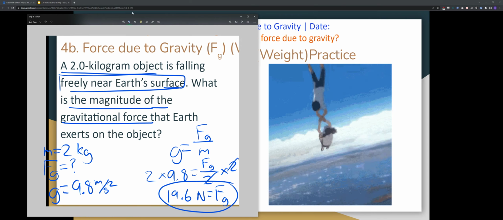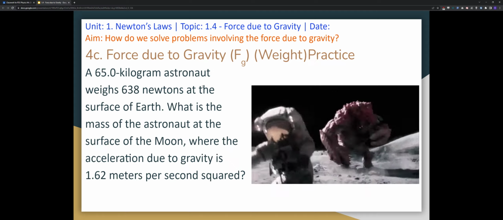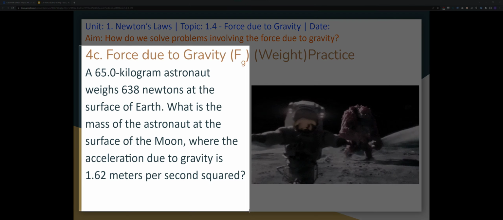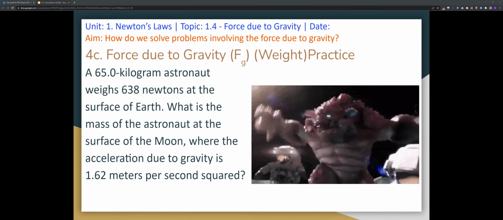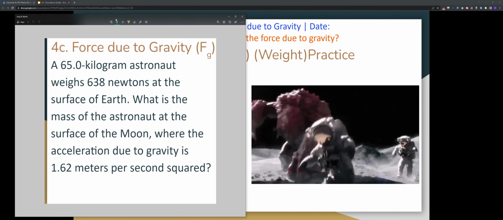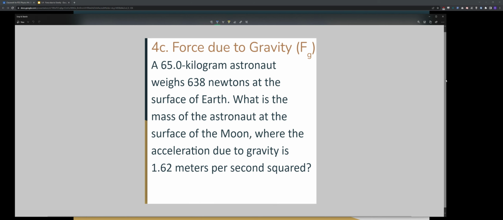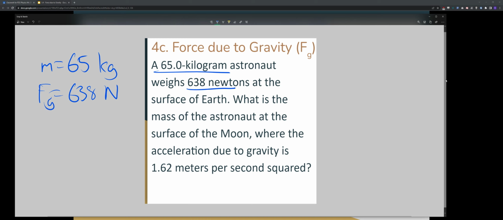All right, so that's 4B. For C, it says that you have a 65 kilogram astronaut who weighs 638 newtons on Earth.